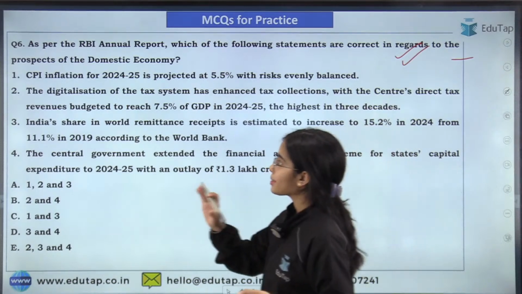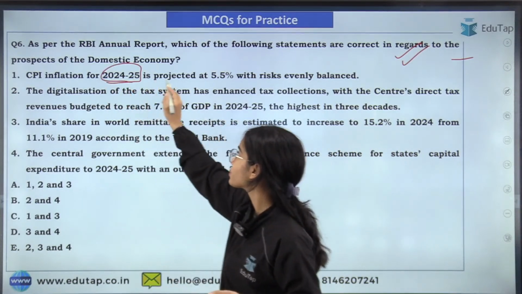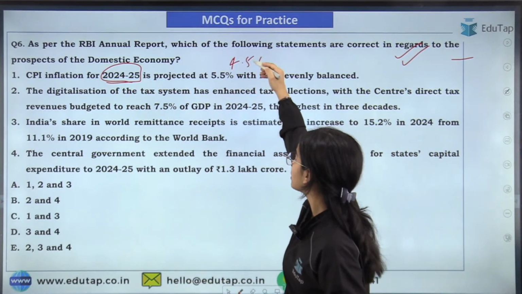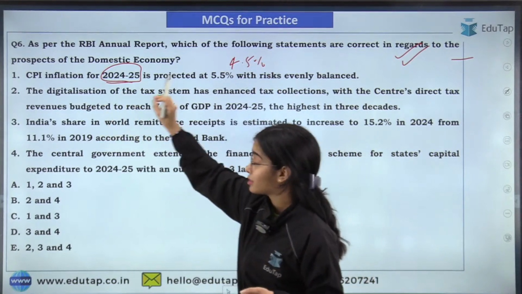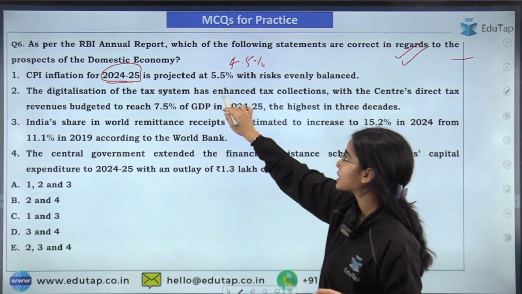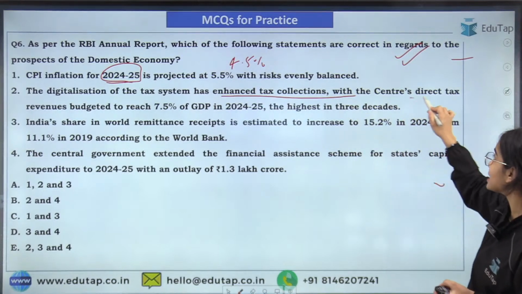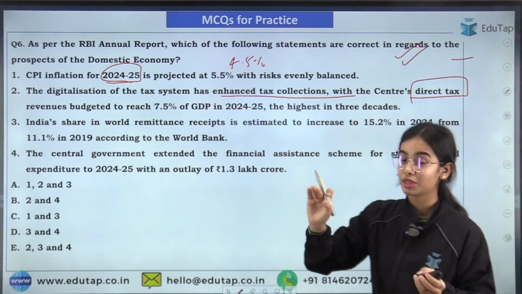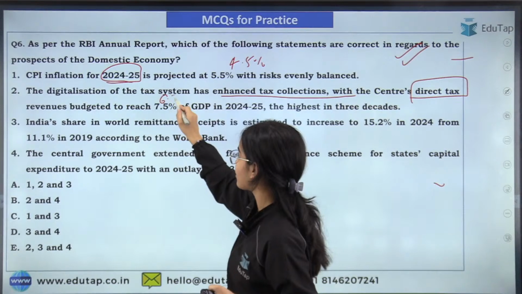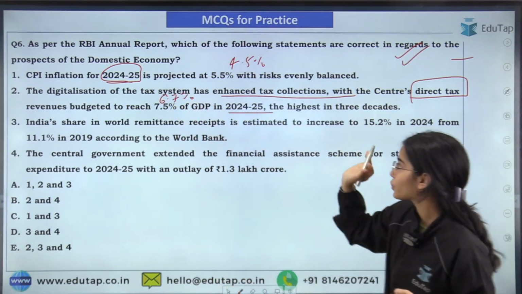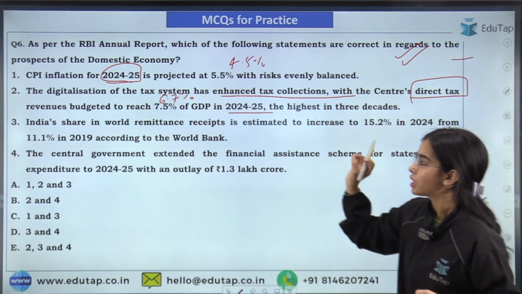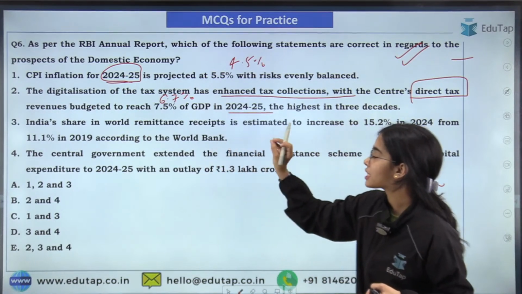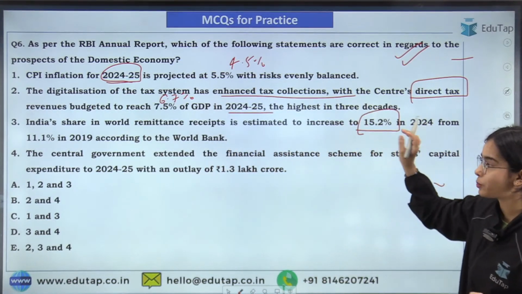Okay, let's see. CPI inflation for 2024-25 is projected at 4.5%. The digitalization of the tax system has enhanced the tax collection, with the centre's direct tax revenues budgeted to reach 6.7% of the GDP in 2024-25, the highest in 3 decades. India's share in the world remittance receipts is estimated to increase to 15.2%.